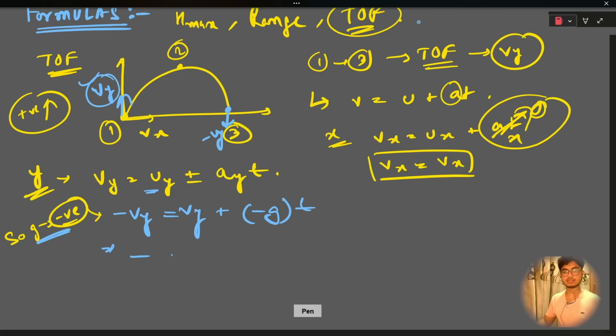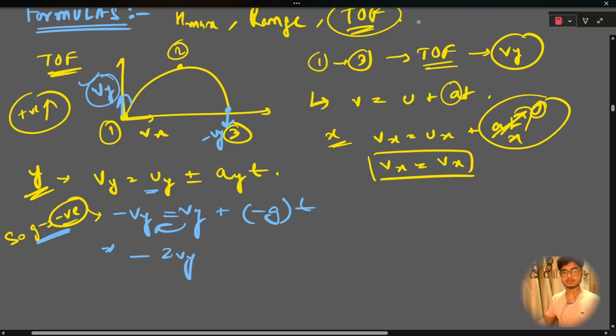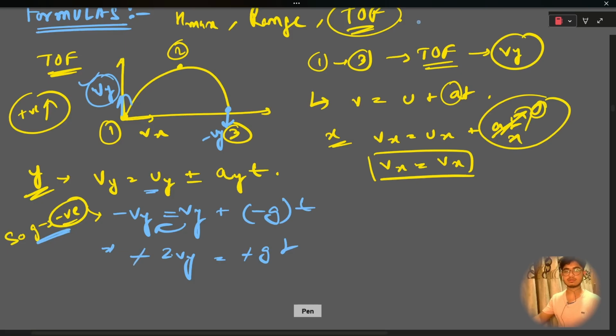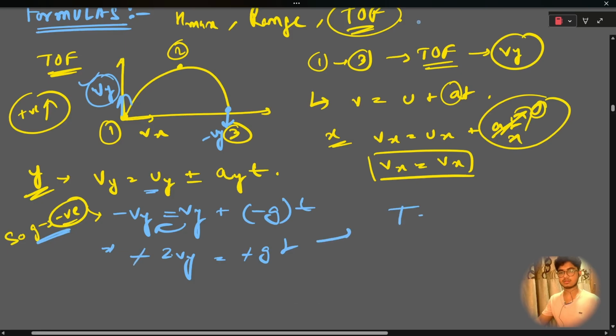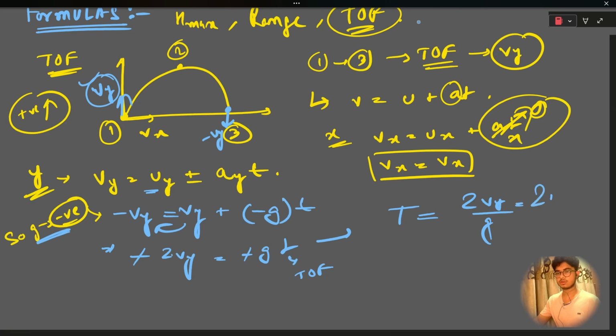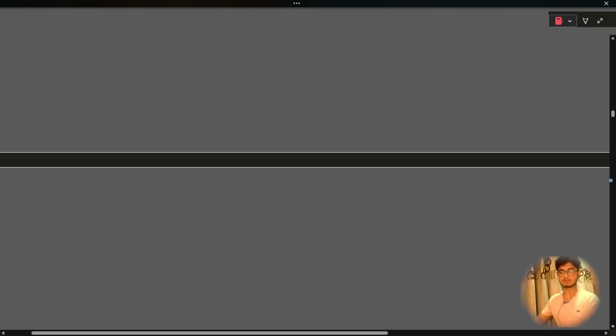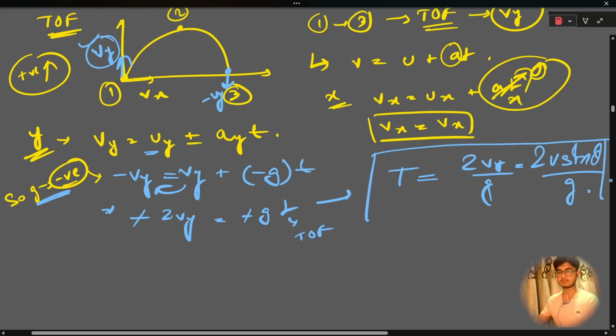So it's minus 2Vy equal to minus gt. The minus signs get cancelled out, and the time of flight comes as 2Vy by g, so 2v sine theta by g. This is the formula of time of flight.